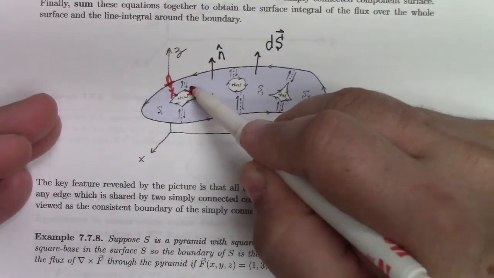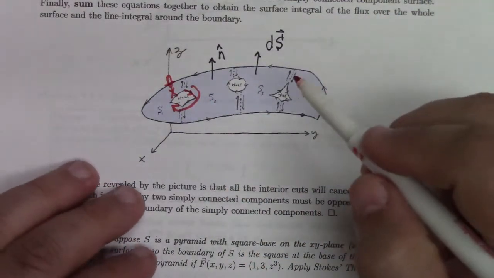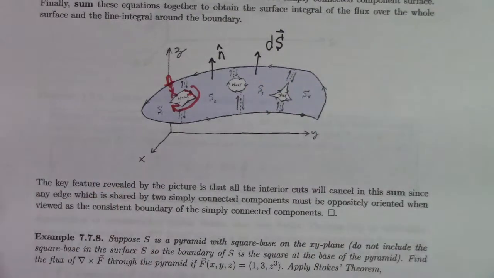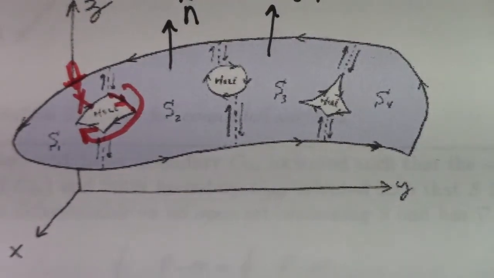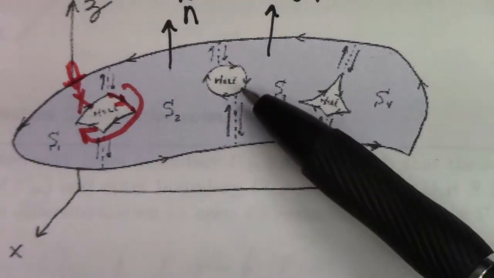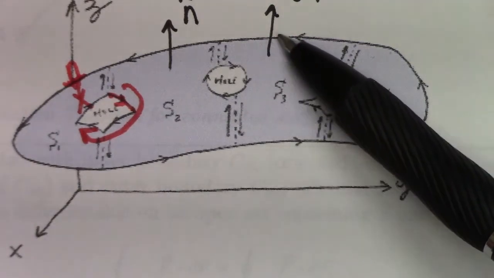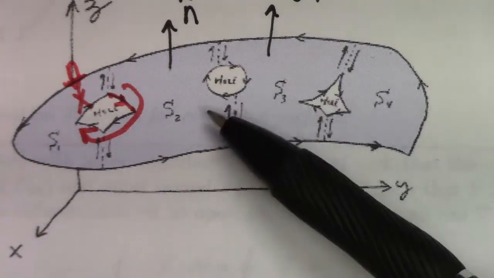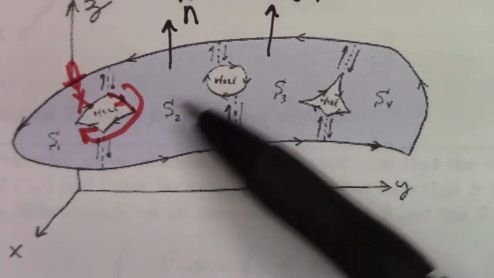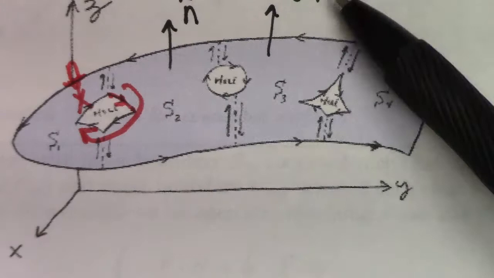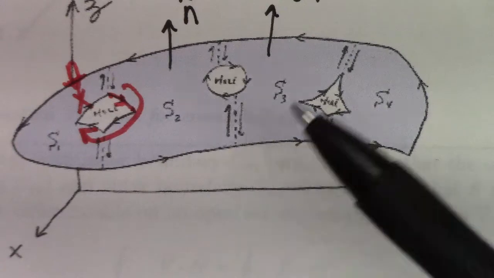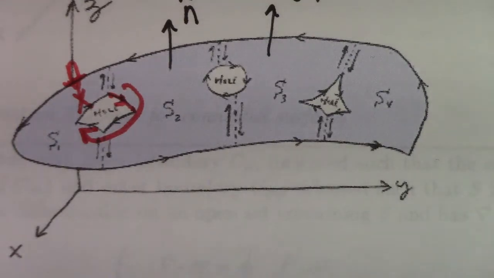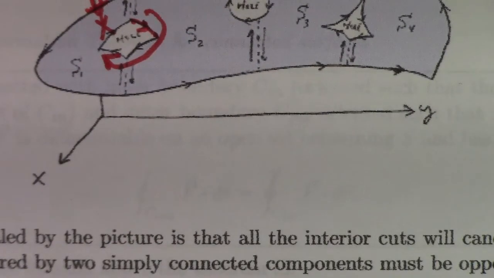Likewise, the orientation of the holes is chosen such that if you imagine a little dude walking on the upper side of the surface, the surface should be on his left as he goes around the hole, which is to say that the interior holes are clockwise oriented with respect to that normal, whereas the outer edge of the surface is counterclockwise oriented. So this is exactly the same orientation scheme we used for Green's theorem with holes, and it naturally extends to Stokes' theorem.